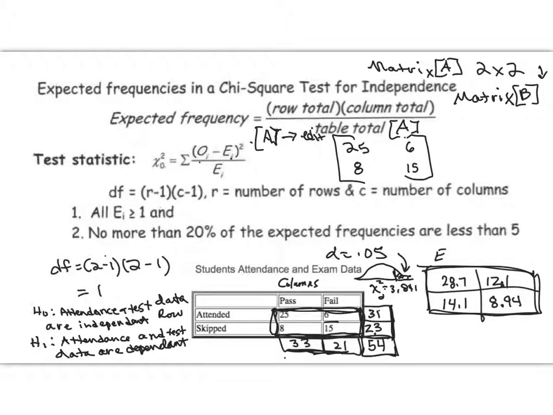And then you can type in 28.7, 12.1, 14.1, and 8.94. So that'll be in matrix B. All right, once you have your data in your calculator, quit.